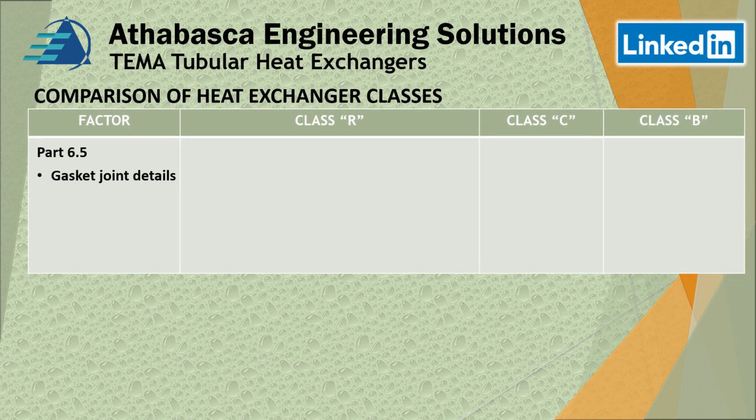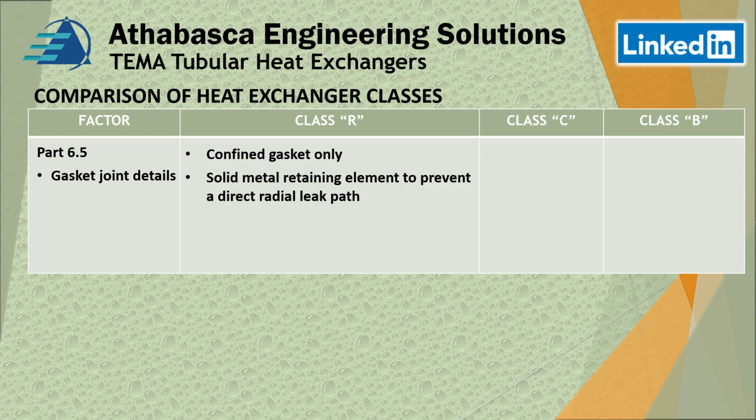6.5 gasket joint details. So for Class R, only confined gaskets are allowed, and solid metal retaining elements are required to prevent the radial leak path.